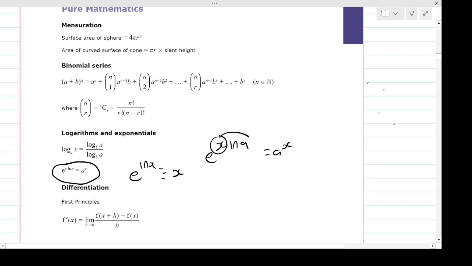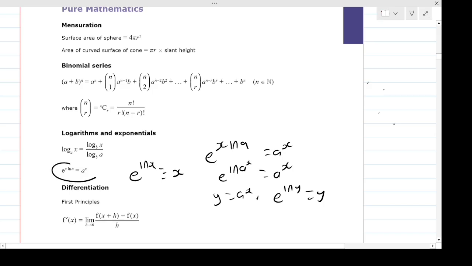If I move the x to the front, then obviously e to the ln a, to the x, is a to the x. And then if I just let y equal a to the x, then that's saying e to the ln y is y, which is now the same thing, okay? But again, I wouldn't really rely on this formula. I'd just try and learn this particular identity here, which you are expected to know. So again, not the most useful.